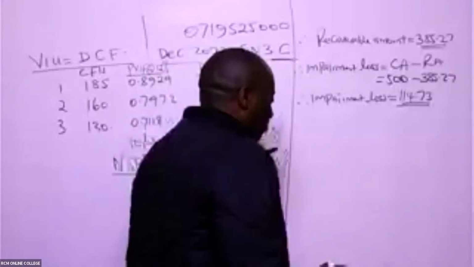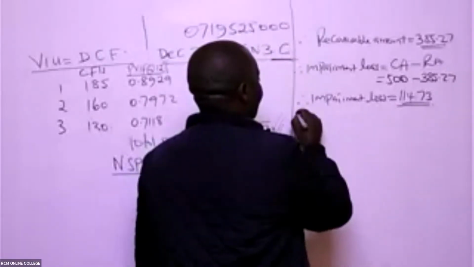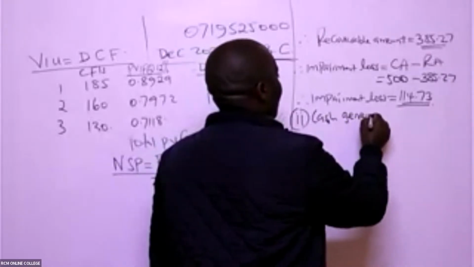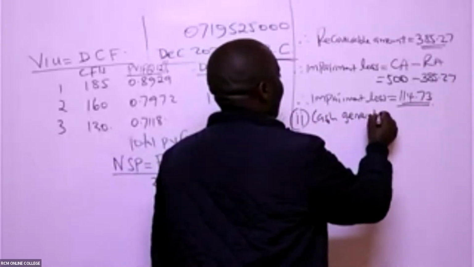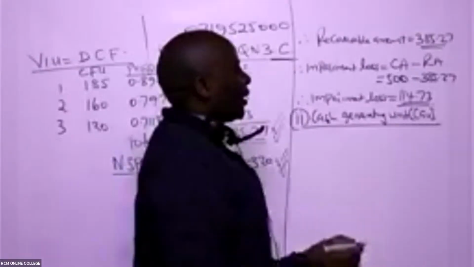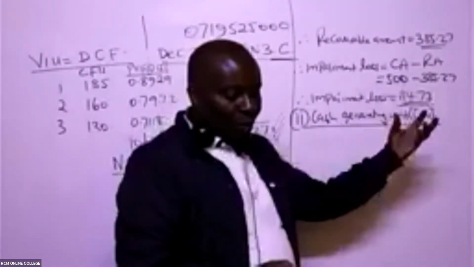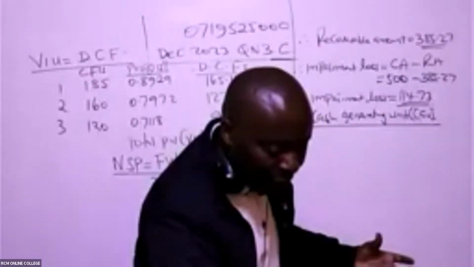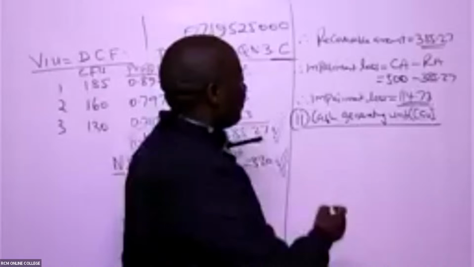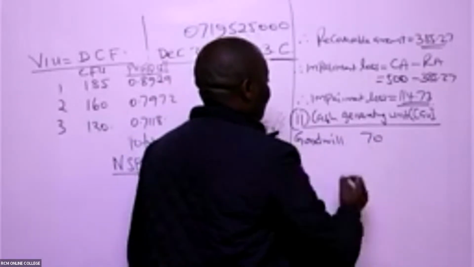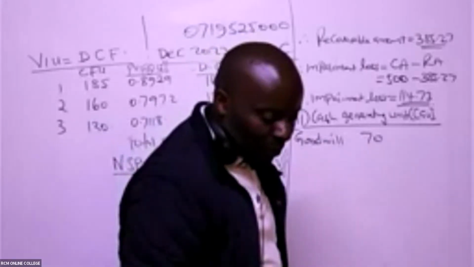So in this case here, of course, we have what we call a cash generating unit, a CGU, and then they have given us a block impairment loss. We have many assets, 3 assets basically here. Which ones are these? We have goodwill of 70 bob.